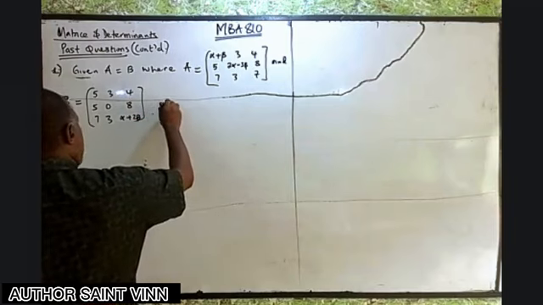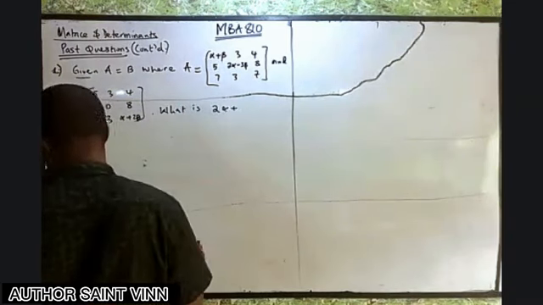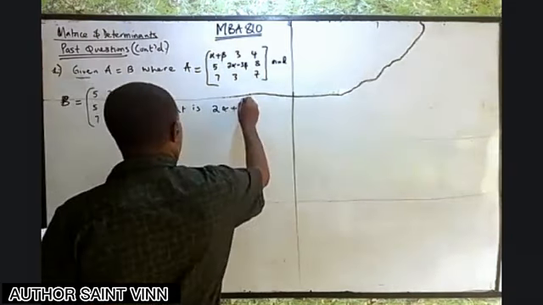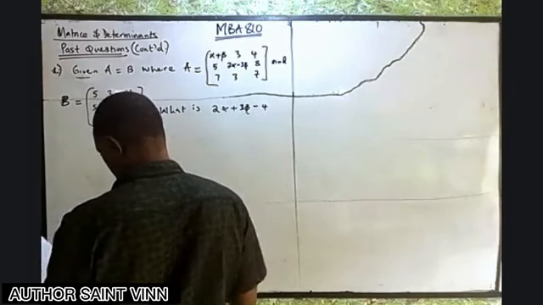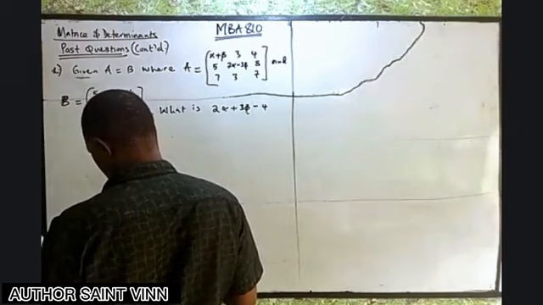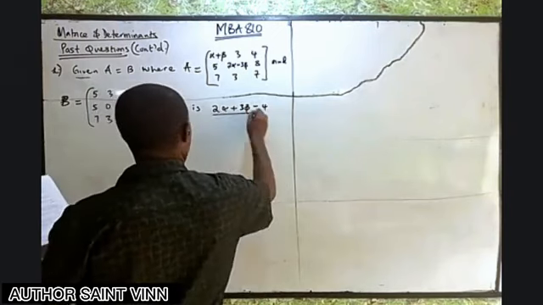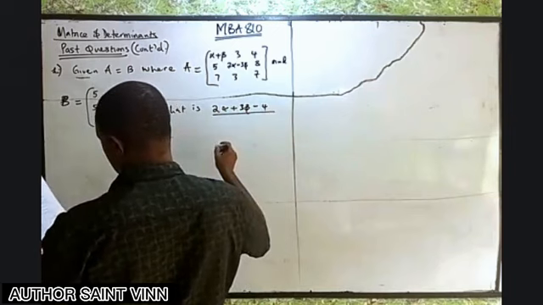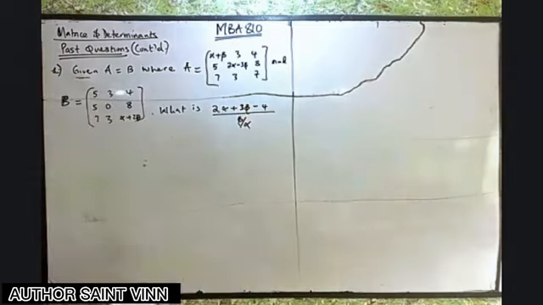The question now says, what is (2 alpha plus 3 beta minus 4) all over beta over alpha?